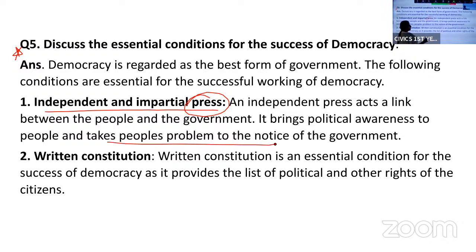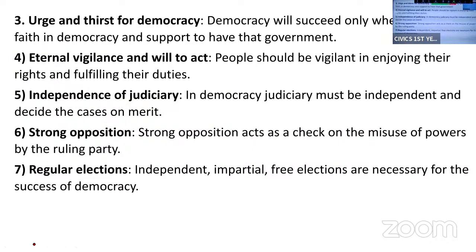Instead of supporting a political party, the press should work to bring political awareness among the people. Independent means it should not be under the control of any political party.